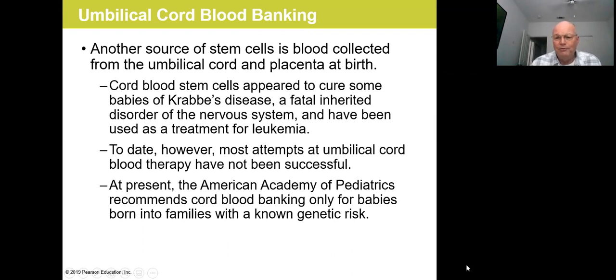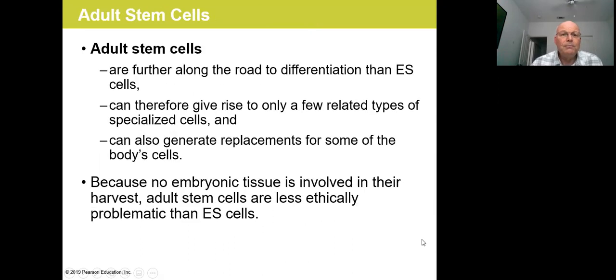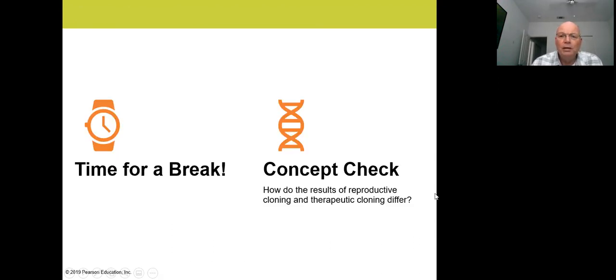So for families where there is a significant genetic issue, banking the umbilical cord blood is being recommended by pediatricians, but not for anyone else, because we don't know if it'll work or not. So I've talked about adult stem cells. We can move on from there.